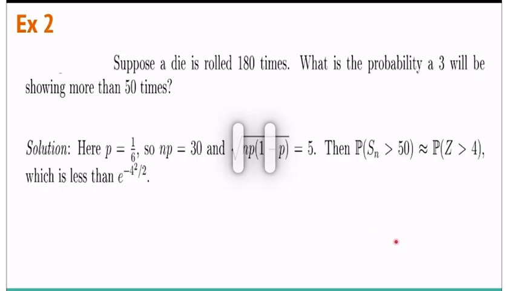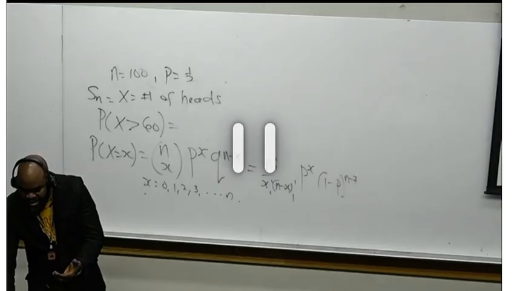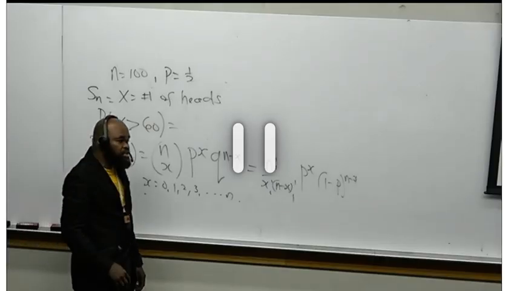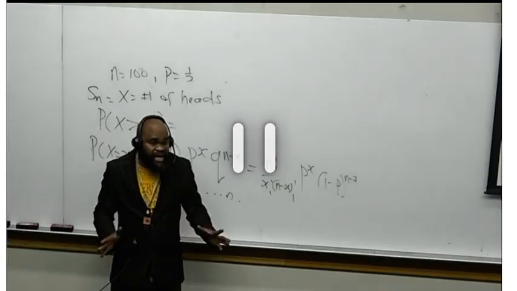Let me tell you this: the moment you end up finding the probability of a z-score, of course, that would be easy. That is just the idea. But we have a condition that needs to be met. I'm going to move right now.